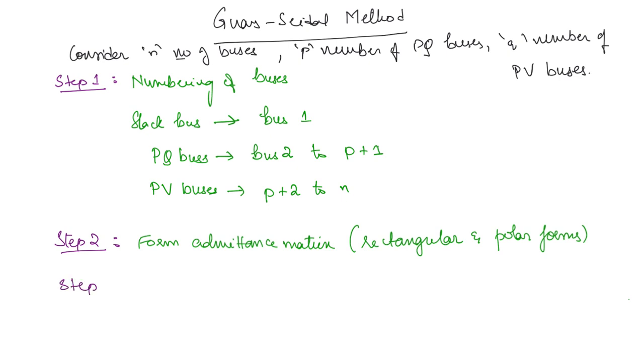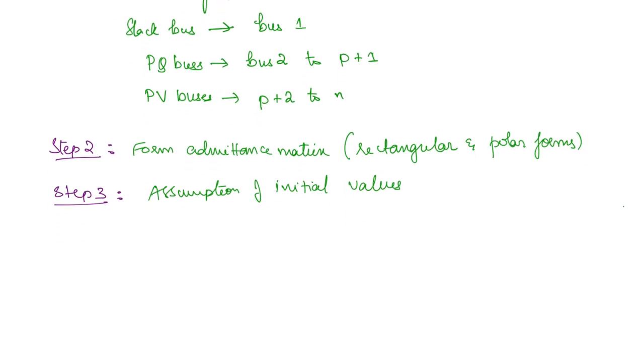Step 3: assumption of initial values. What are all the parameters that you have to assume? The first one, for PQ buses, you have to assume both the magnitude and the voltage angle.